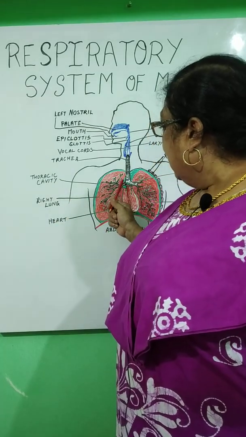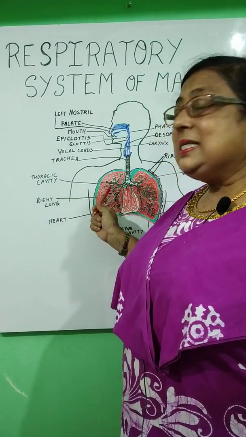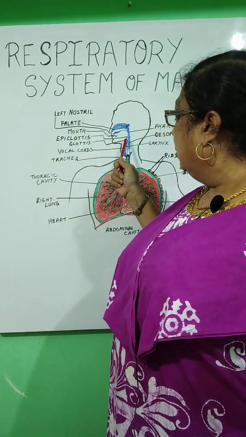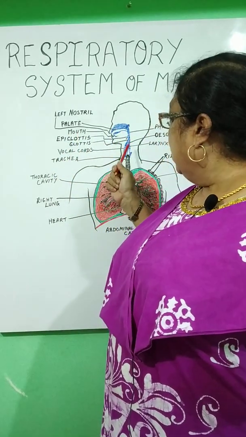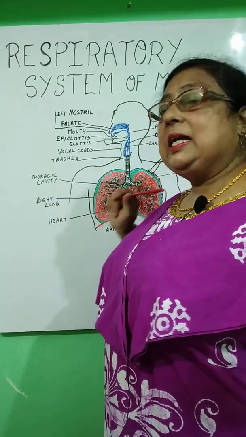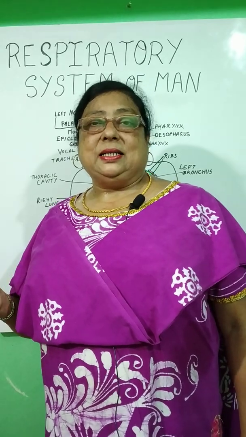And this takes place in the thoracic cavity. So long the air was passing in through the mouth and the nostrils through the throat, and now it has entered the thoracic cavity where the lungs are present.